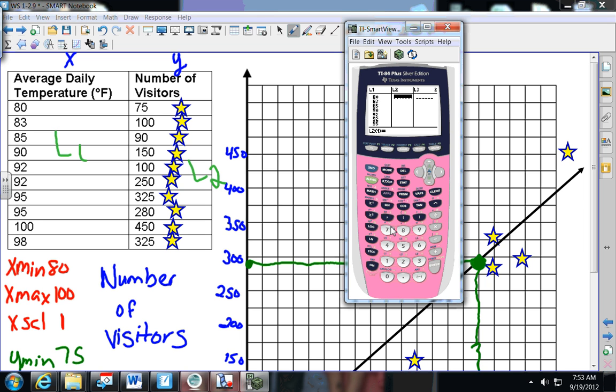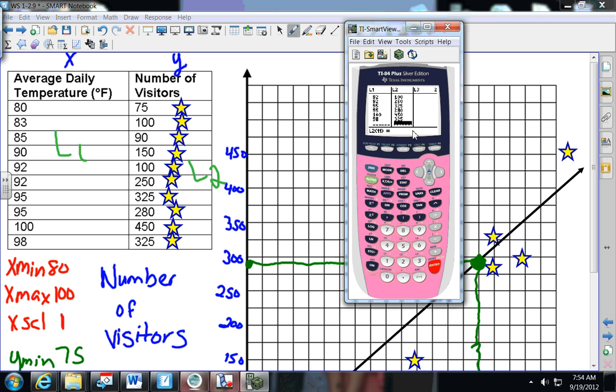So you're going to put in there 75, enter. 100, 90, 150, 100, 250, 325, 280, 450, 325.